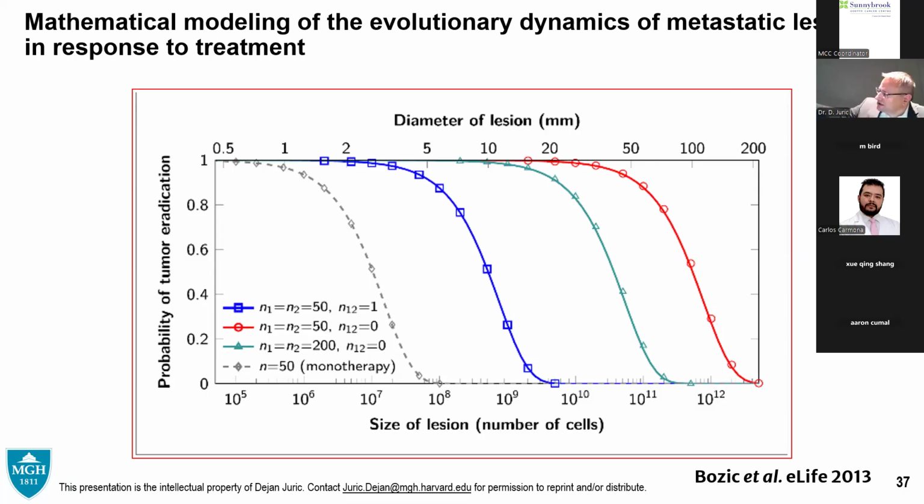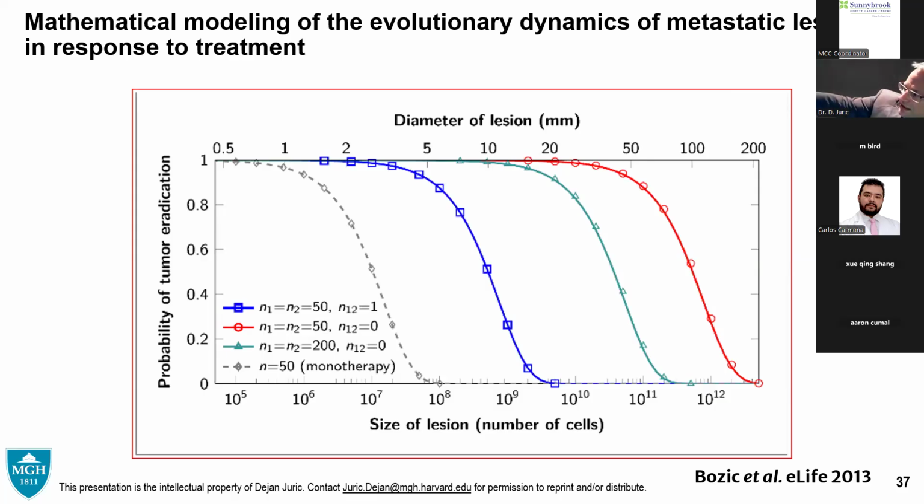Look at the leftmost curve, this gray dotted curve, which is a tumor that you're treating with monotherapy, let's say just tamoxifen or an AI. And out of thousands of genes that are present in that tumor, 50 of them, which is a conservative estimate, can drive resistance to that monotherapy.